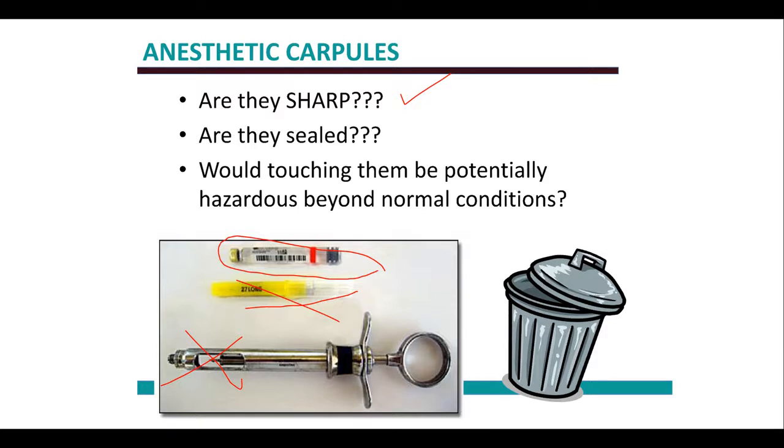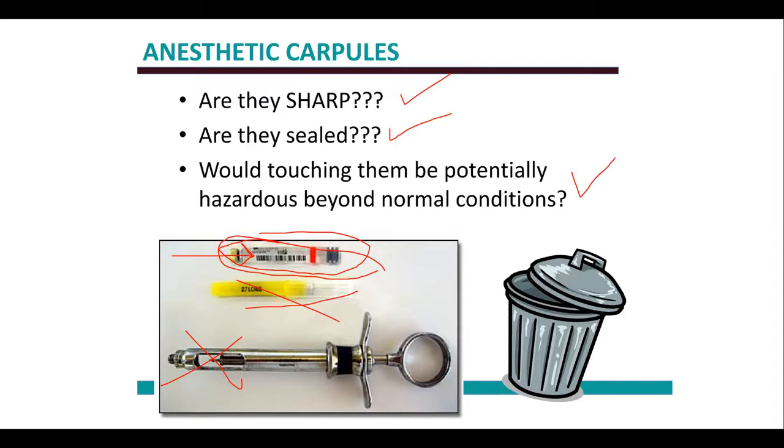Does it need to go in the biohazard container? Question would be, is it sealed? Is anything dripping or flaking off of it? Even if there was blood inside it, it is sealed such that you would not need to put it into the biohazard container. Regular garbage. Believe it or not, don't be mad at me. You can argue with me all you want, but that is the regulations. Would touching them be potentially hazardous beyond normal conditions?